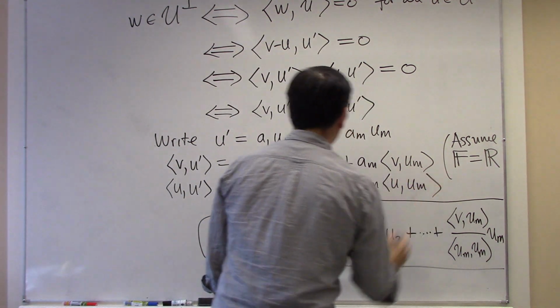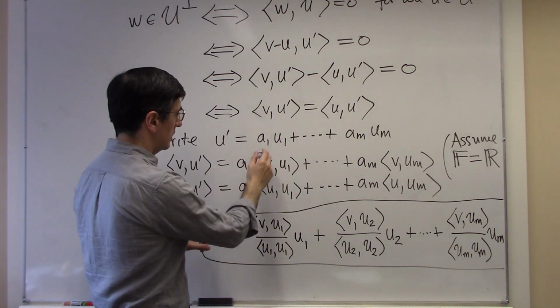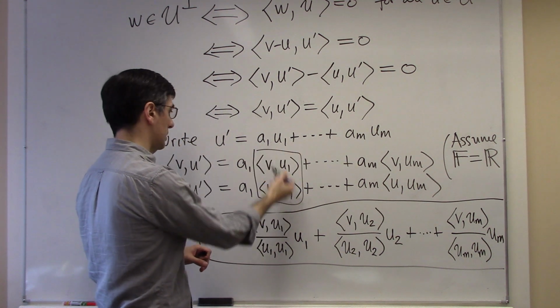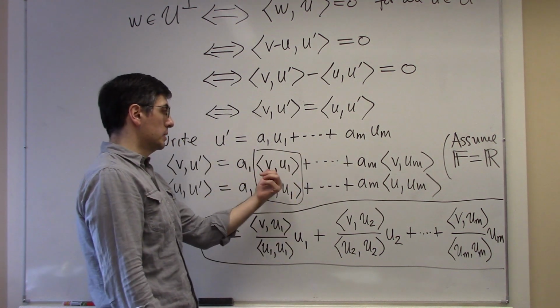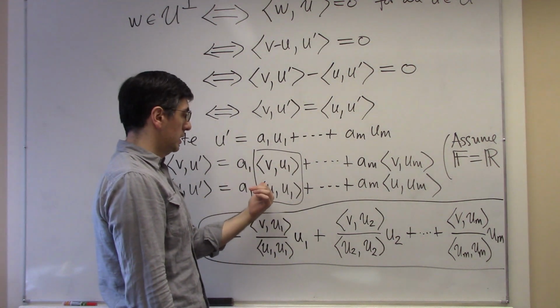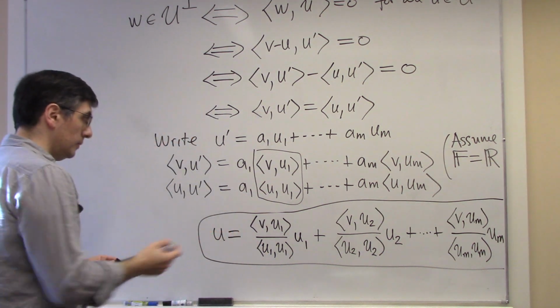So it is enough to show actually that these parts are equal. So let's show that the inner product of V with U1 is the same as the inner product of U with U1.